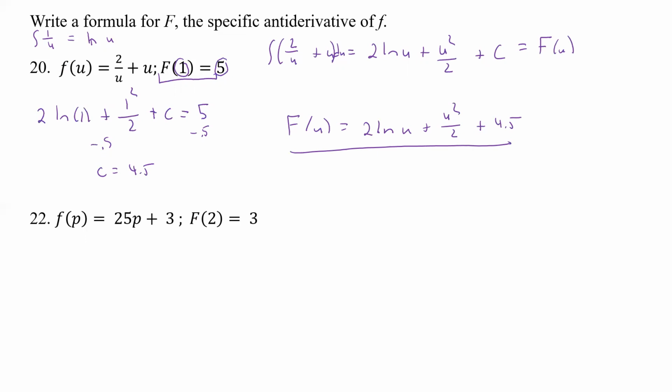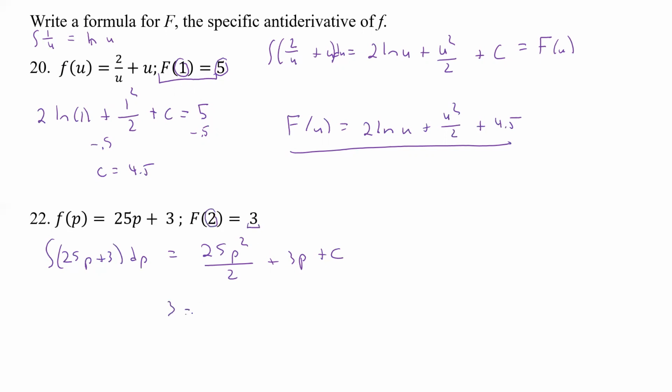Okay. Now, next one, we're going to do the same thing. We're going to take the integral of 25p plus 3 dp, and that's going to be equal to what? Well, it's going to be 25p squared over 2 plus 3p, and that's over 1, plus c. Okay. All right, so what does that give us? Well, now we have to plug in 2 for p, and that's supposed to equal 3.